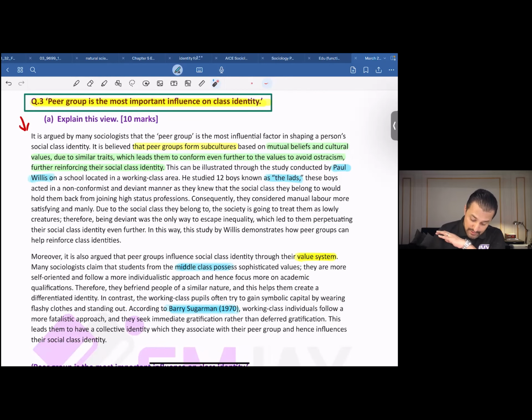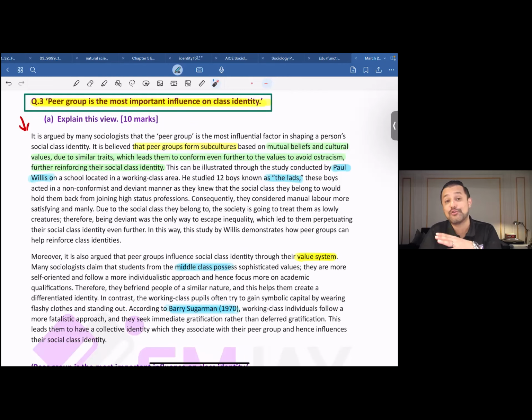So, moreover, it is also argued that peer groups influence social class identity through their value system. Many sociologists claim that students from the middle class possess sophisticated values. They're more self-oriented. You do care about your friends, but when you have your paper, you want yourself to do good.